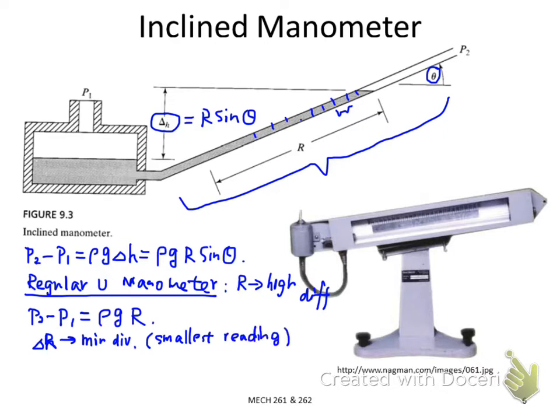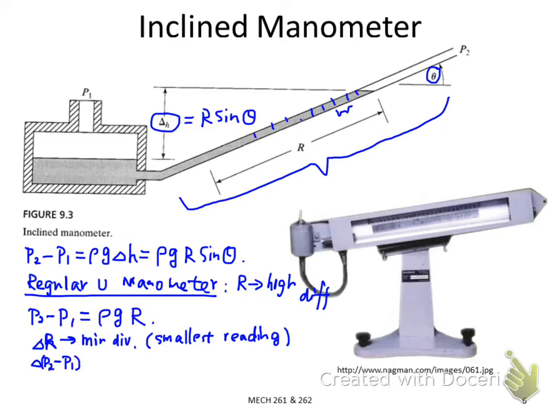This is really the limiting factor which determines the resolution of the manometer, for both the inclined and the regular U shape. So we can see what is the smallest pressure difference corresponding to this smallest reading. Let's say we use ΔP2 minus P1 to represent that.